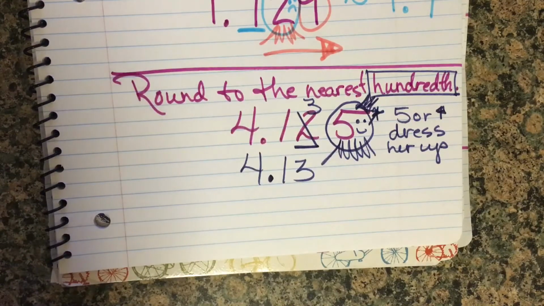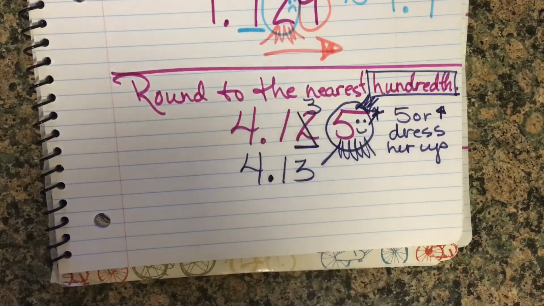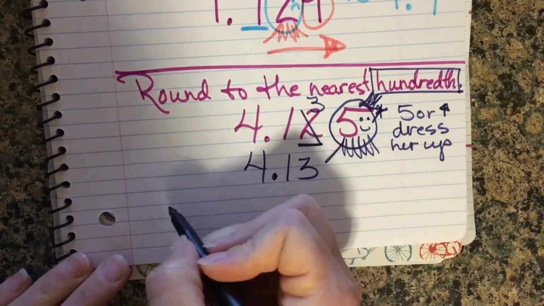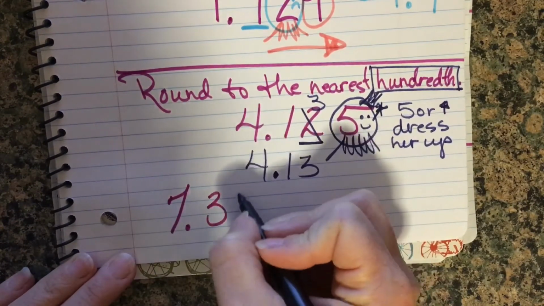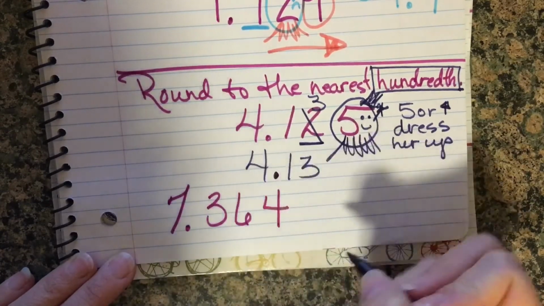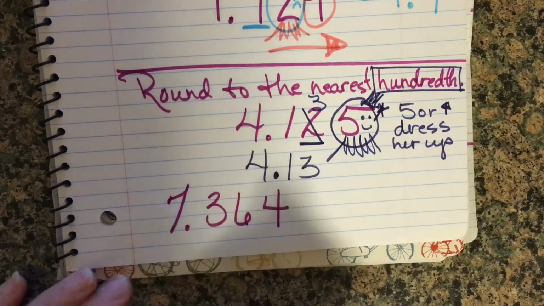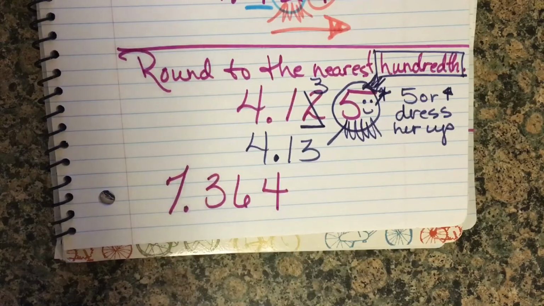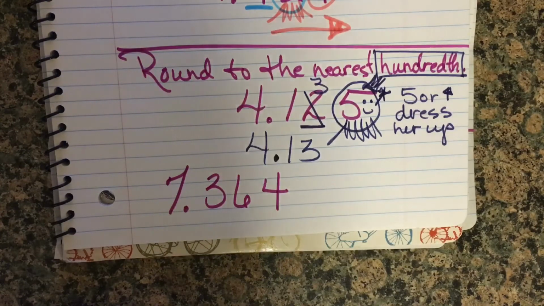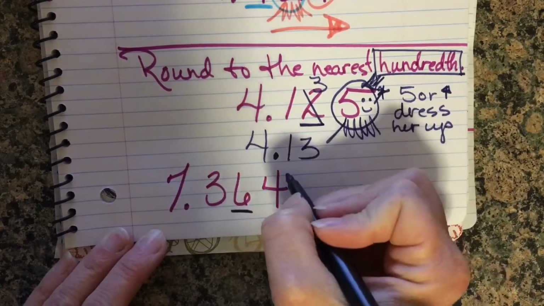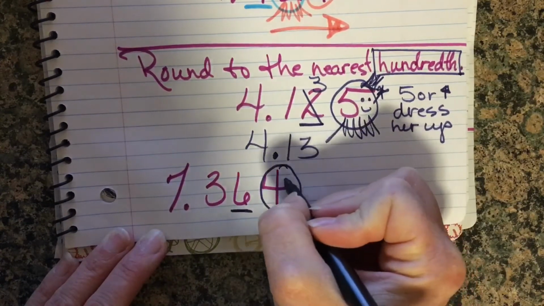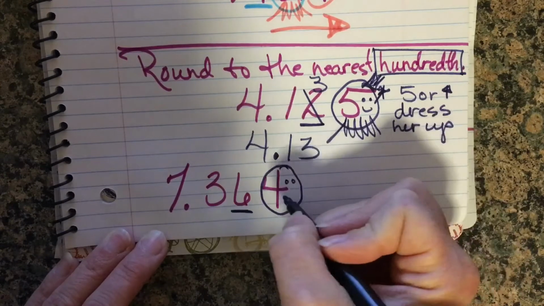I'll do one more as an example. So this number here, 7 and 364 thousandths, if I'm rounding to the nearest hundredth, I'm going to underline the hundredth. Fairy godmother's always to her right, but today she's a 4.